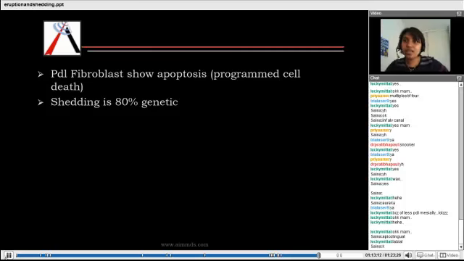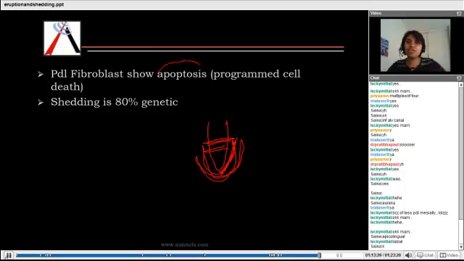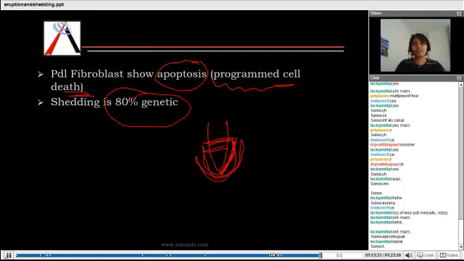Now what happens to the PDL? We are talking about the tooth getting resorbed, and there is surrounding PDL also. What happens to the PDL? The PDL shows apoptosis. There is not much inflammation. It is just programmed cell death. So you can say shedding is also largely genetic. Remember, we had been talking about eruption being genetic. Even shedding is genetic.